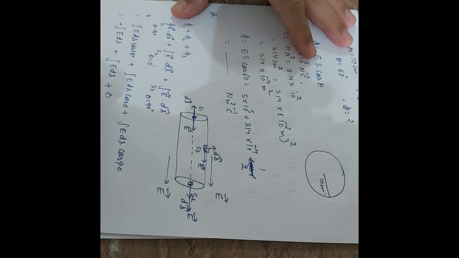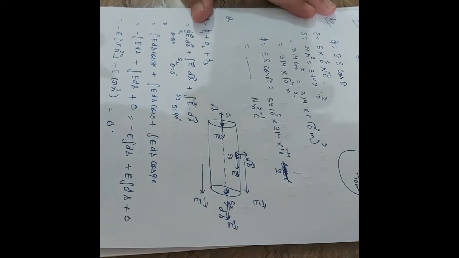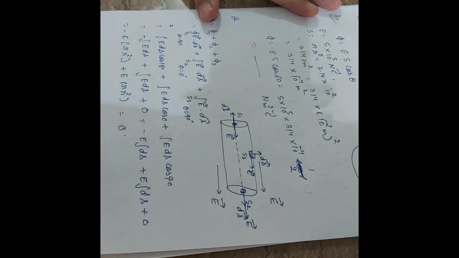If I calculate this, E dS plus E dS, if I add the small areas I will get a circle. So this is πr² plus πr² with opposite signs. So what is this? 0. So the electric flux through this surface is equal to 0, right?